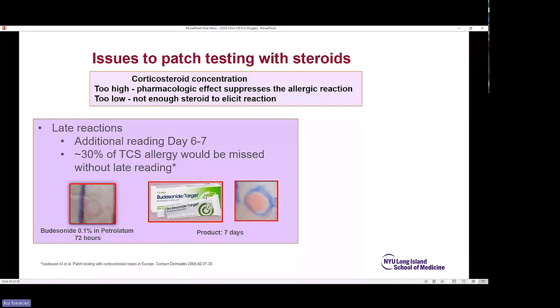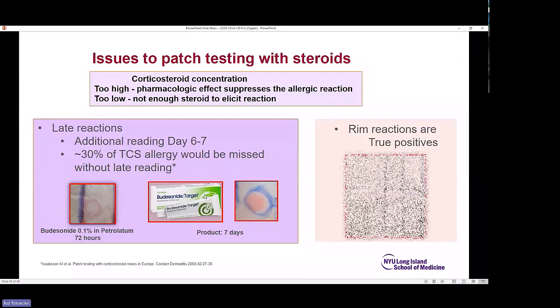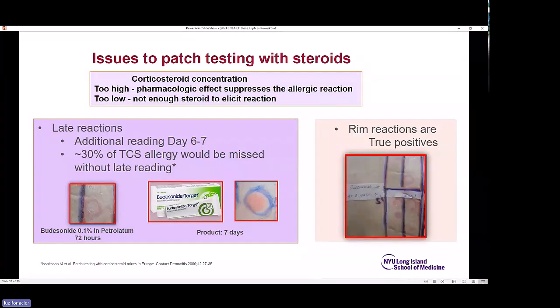The reason for that is you have a higher concentration of your anti-inflammatory steroid in the center, but less concentration in the rim. So your reaction rate is more on the rim side. This in the delayed reading most likely will become positive. So this in topical corticosteroid is a true positive, but in most other allergens, for example, fragrances, there's probably an irritant effect.